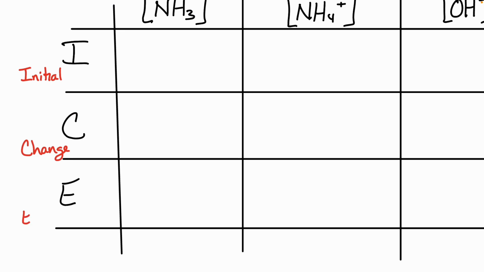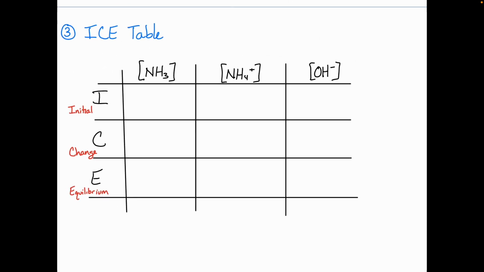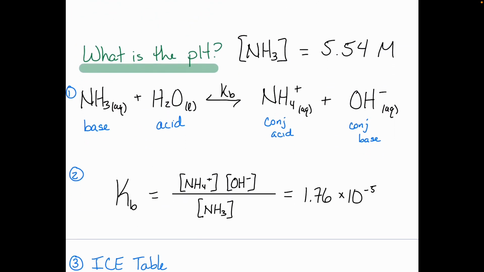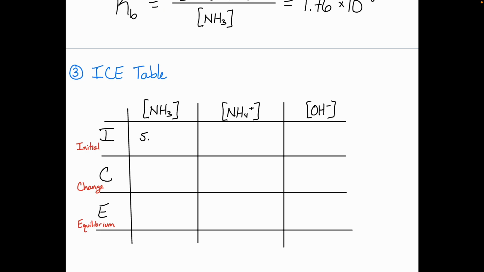And then finally, E is our equilibrium value. All right, once this system reaches equilibrium, what is the amount of each of these components? And if I'm starting out with my solution of my 5.54 molar ammonia, that's what I'm going to put in my initial box here. And to start out with, I have no product yet.